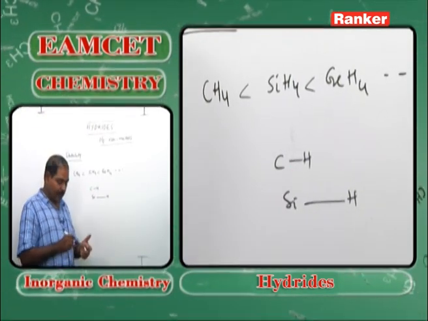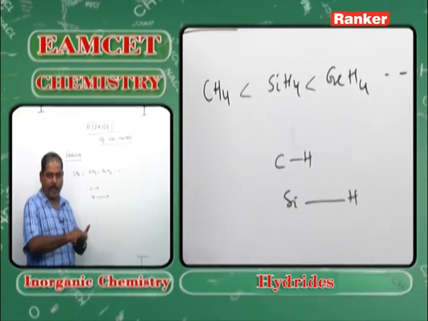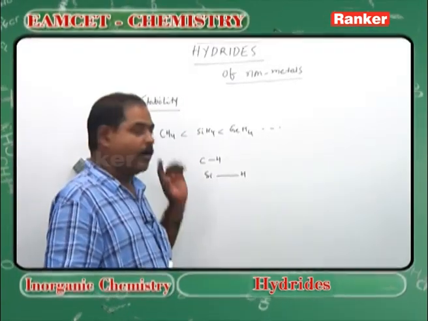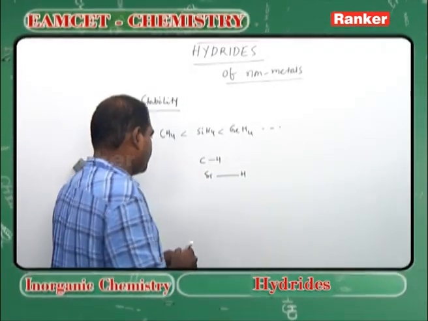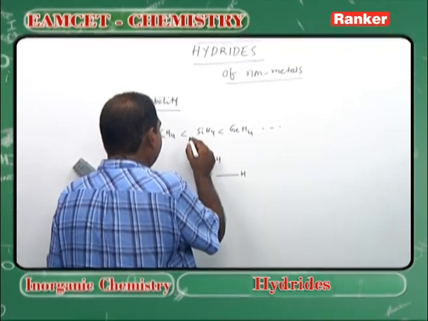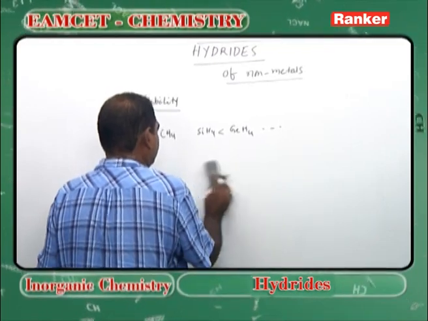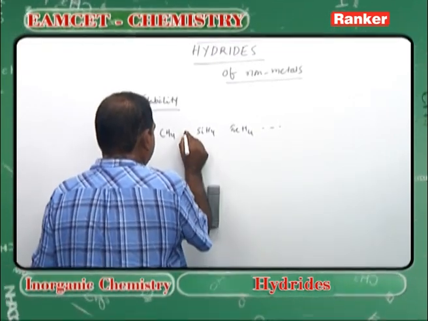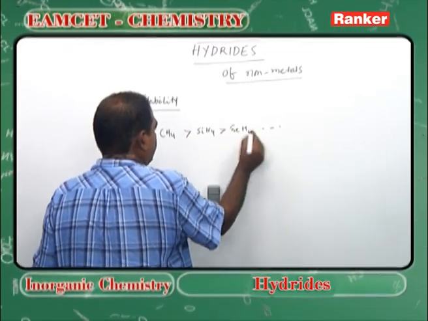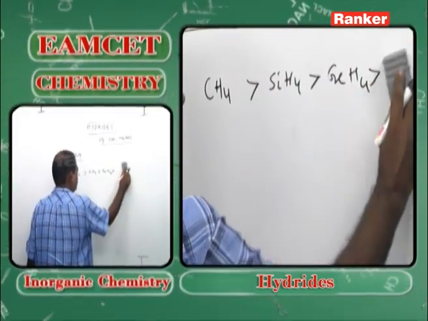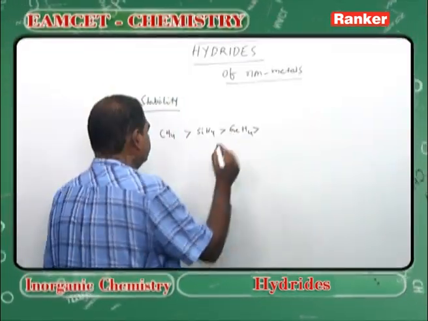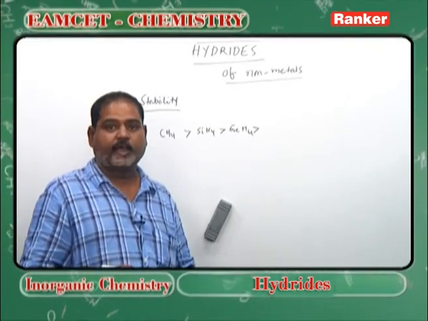So, methane is more stable, not less stable. Stability of methane is greater than silane, greater than germane, like that: methane, silane, germane, stannane, plumbane.